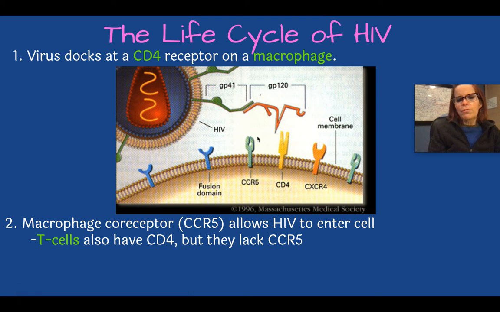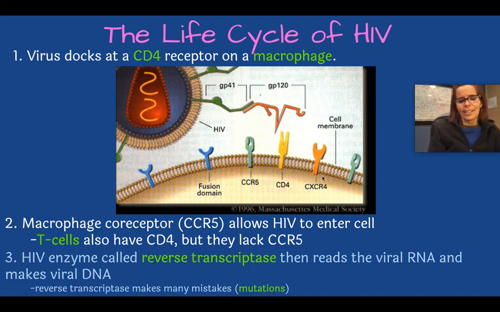Both of them are required to allow HIV to enter the cell. So the macrophages have CCR5 and CD4 receptors. However, T cells also have CD4 receptors, but they don't have CCR5. So initially, HIV infects macrophages only, but not the T cells.